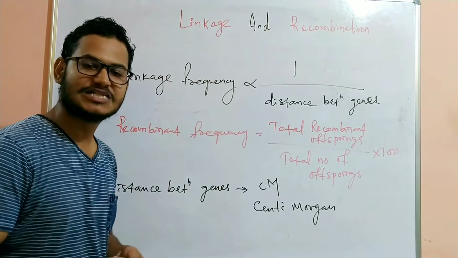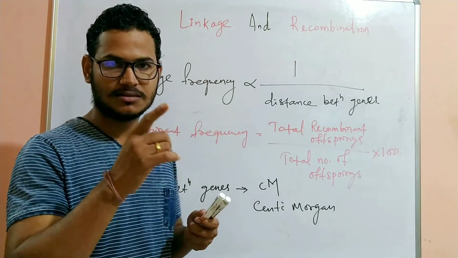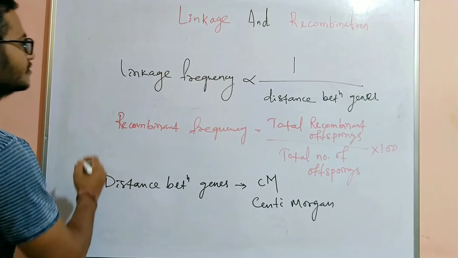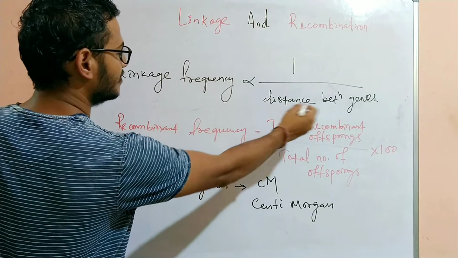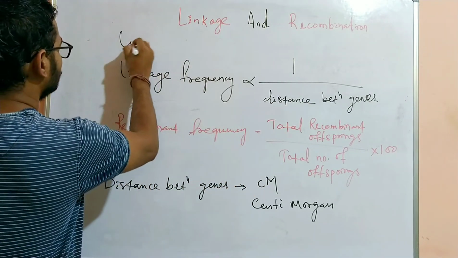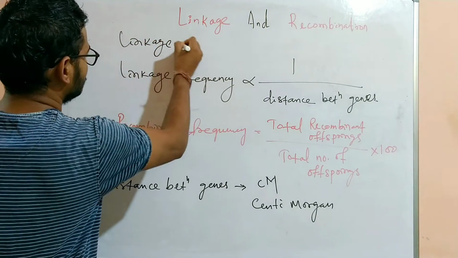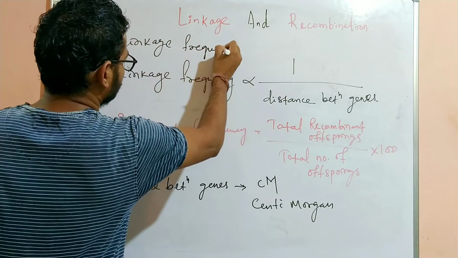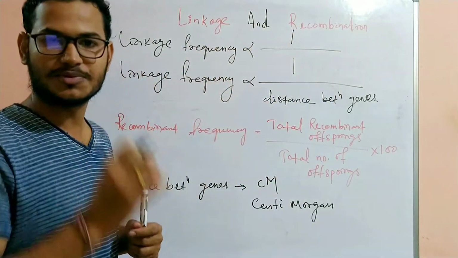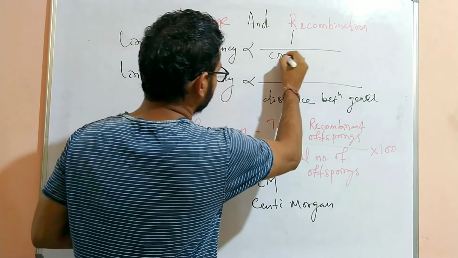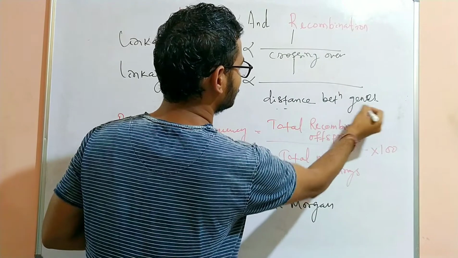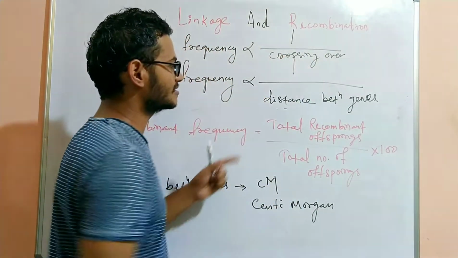Next, linkage frequency is inversely proportional to crossing over. Linkage frequency is inversely proportional to the distance between genes, and it is also inversely proportional to the crossing over. Because when the distance between genes increases, the chance of crossing over also increases.